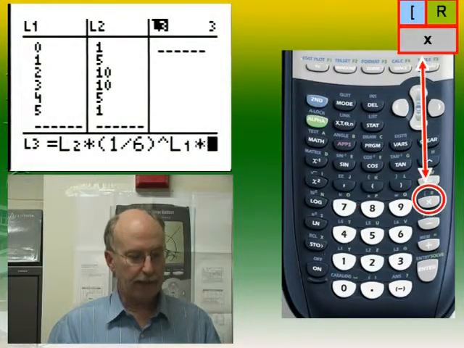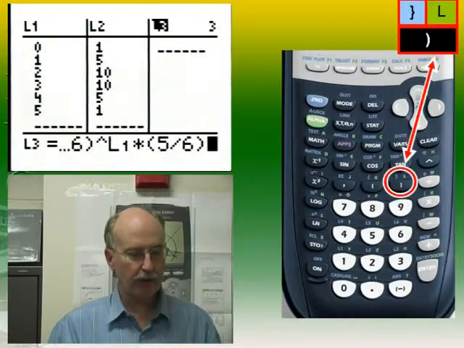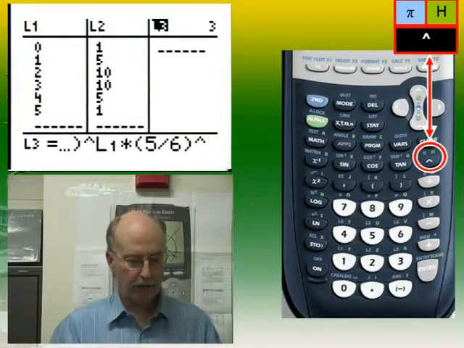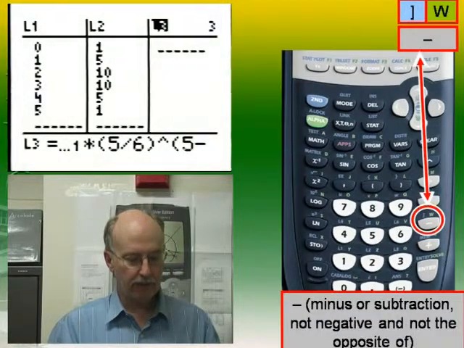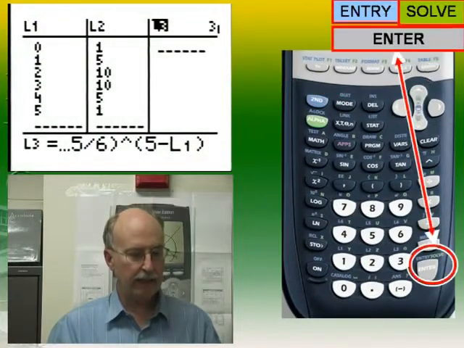Now we're going to multiply that times the probability of failure, which is parentheses 5 divided by 6, closing parentheses, and raise that to the power of the number of failures, and we're going to do that as parentheses 5 minus the number of successes, and remember that's over in L1, so we're going to hit second L1, closing parentheses, and hit enter.